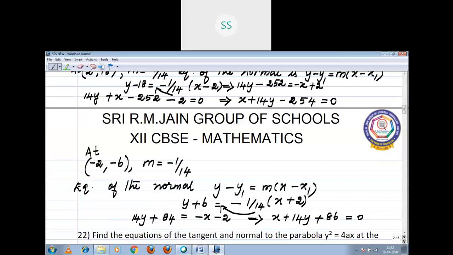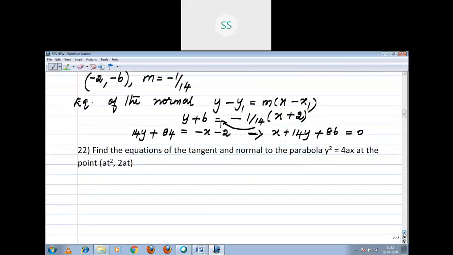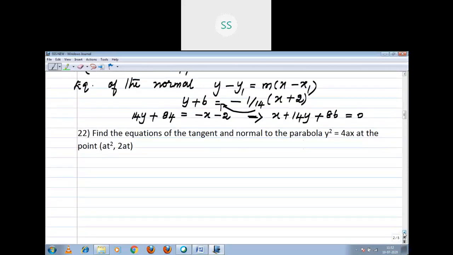Now I am going to move to question number 22. Find the equation of the tangent and normal to the parabola y square equal to 4ax at the point, right? Here also the curve equation is given. A parabola is also represented as a curved figure.